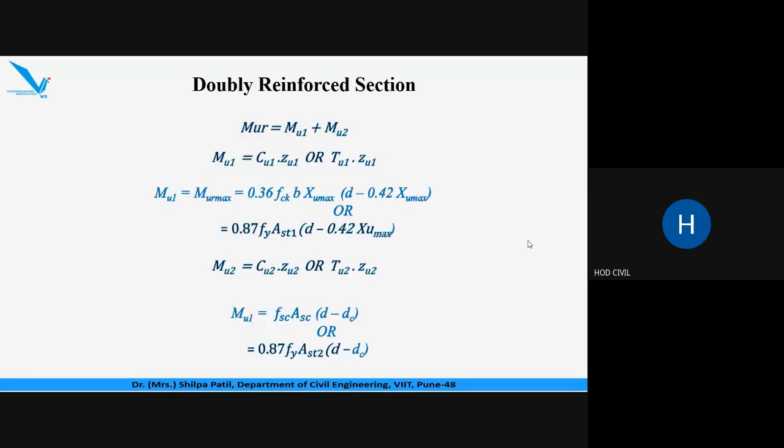Also note down these formulas, MU1, MU2, because we will require these formulas. Is it over?